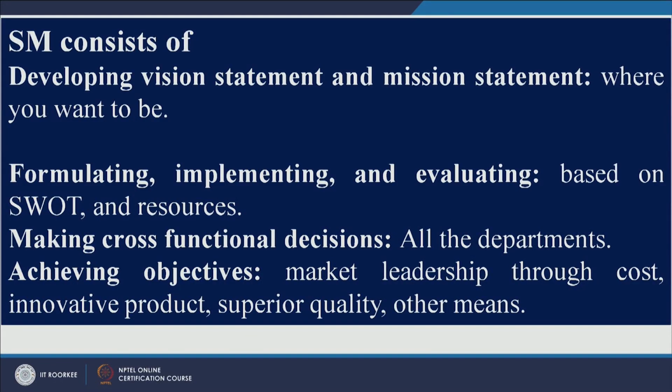So, you should look at the opportunities available in the market and the threats available in the market. So, look at SWOT analysis very carefully and then come up with strategies. As I said, cross functional decisions, you have got experts from different departments, and achieving objectives.